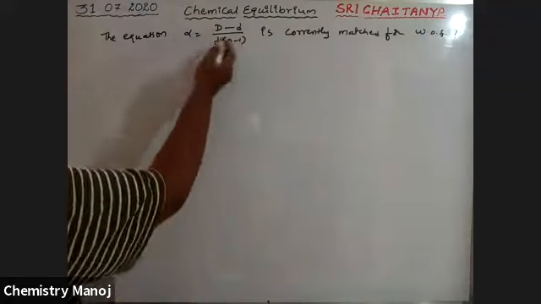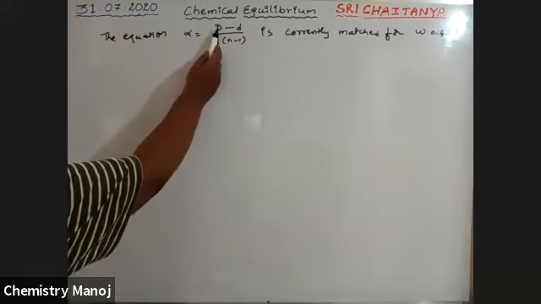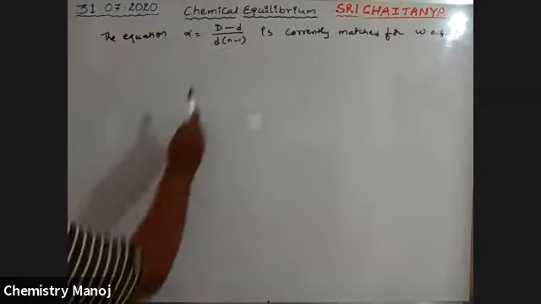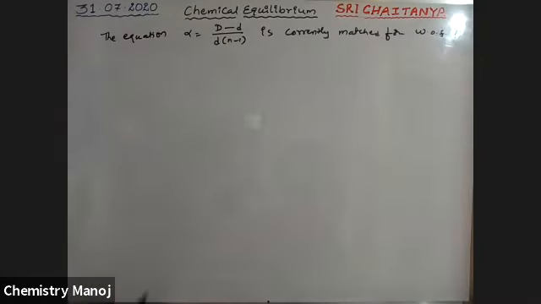These values are as usual: alpha is the degree of dissociation, D is the initial vapor density, and d is the vapor density of the mixture, n is the number of moles in the dissociation.